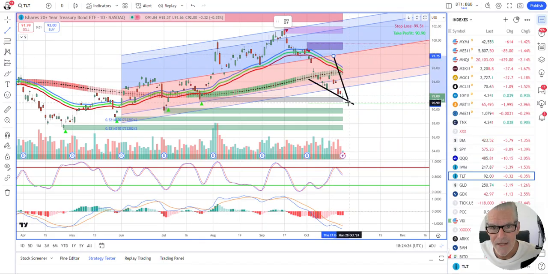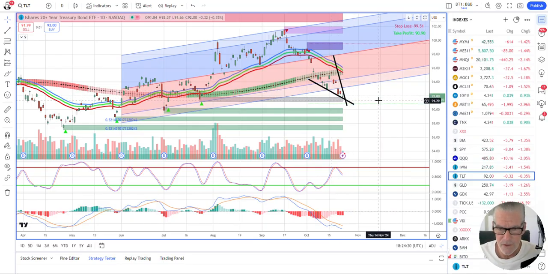Because if 90 is the bottom, and it probably is, you've got a falling wedge, and you're below 2.0 standard deviations of this current 100-day trend. That's an extreme print to the downside. You are at a place of at least minor support, and 90 is not that far away. So you could put your stop loss at like 89.